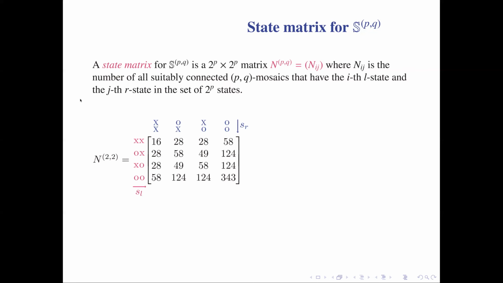Here we have an example. N_22 is the state matrix for S_22, the suitably connected 2 by 2 mosaics.